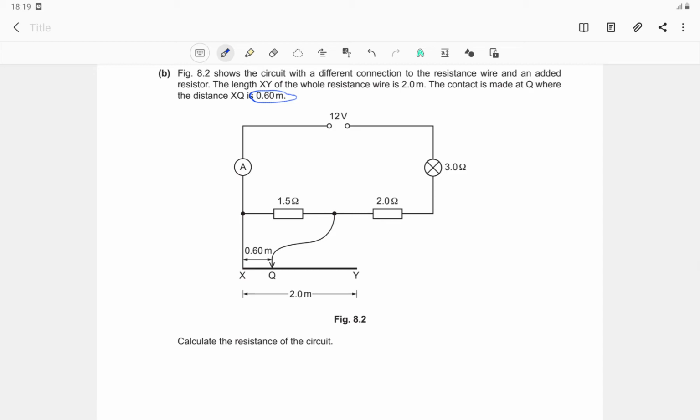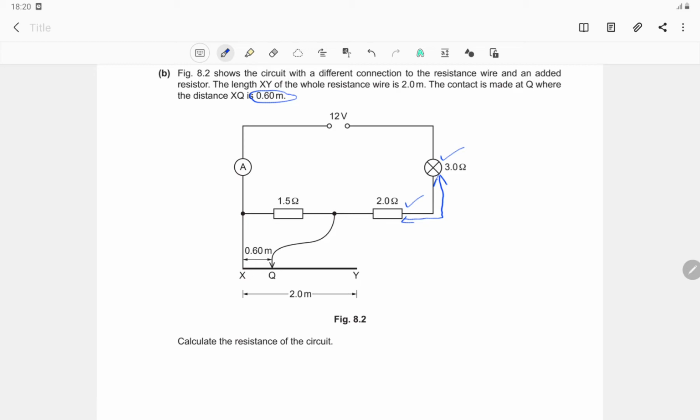There are some changes made in this circuit compared to figure 8.1. As you can see, there is already a lamp that has a resistance 3 ohm and another resistor which has a value 2 ohm. These two resistors, the lamp and the 2 ohm resistor, are connected in series, or end-to-end.